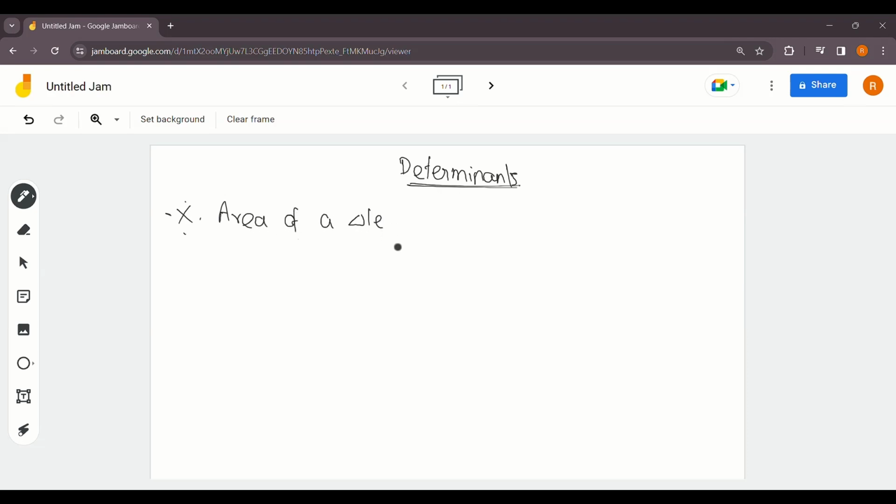You would have known the formula for the area of a triangle, which is half determinant of x1 y1 1, x2 y2 1, x3 y3 1. The vertices x1 y1, x2 y2 and x3 y3 will be given. If you substitute these values and expand the determinant, you will get the final answer.